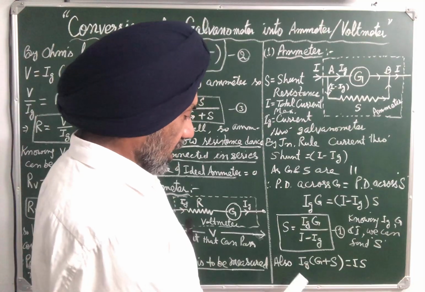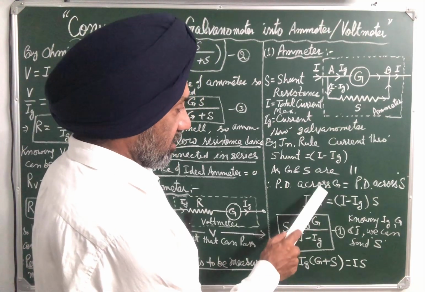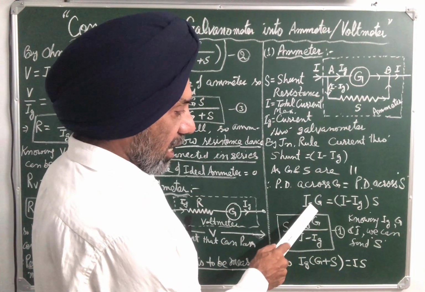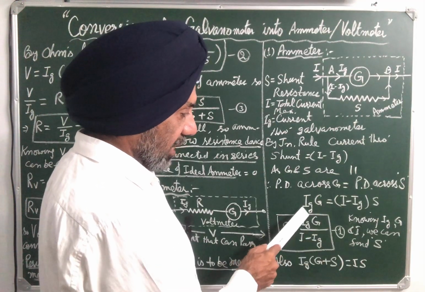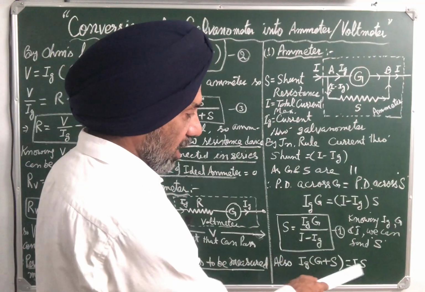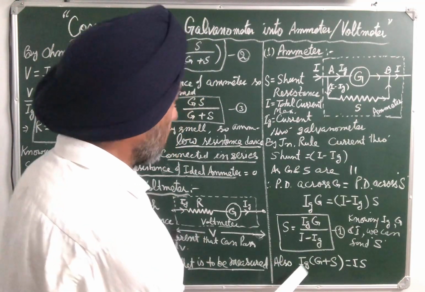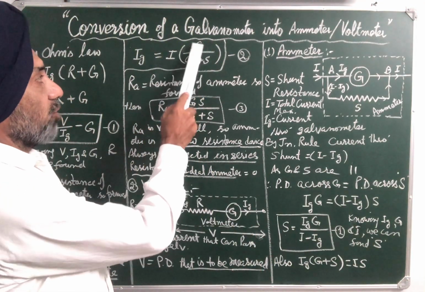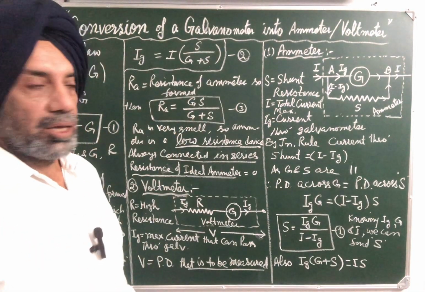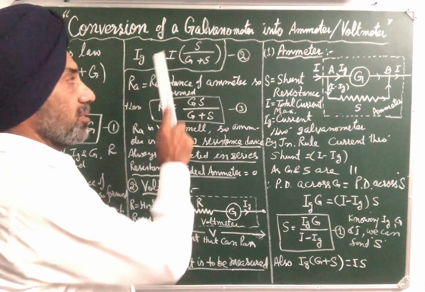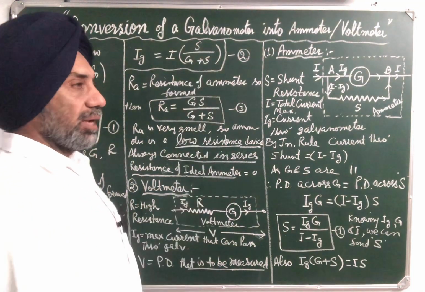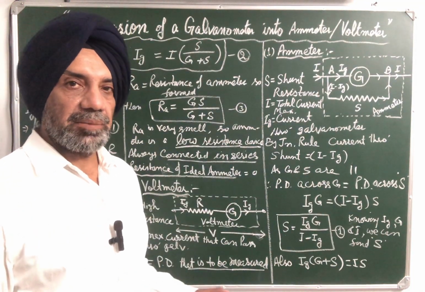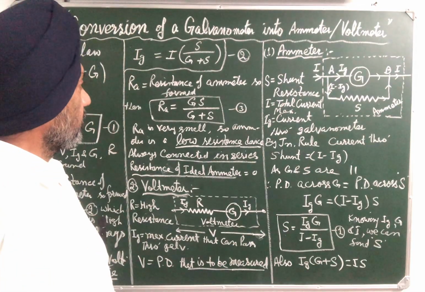Also, from this equation, Ig into G plus S is equal to IS, or Ig is equal to I into S upon G plus S. So knowing the maximum current that is to be measured, the shunt resistance value, and the galvanometer resistance, we can find the maximum current that can pass through the galvanometer.